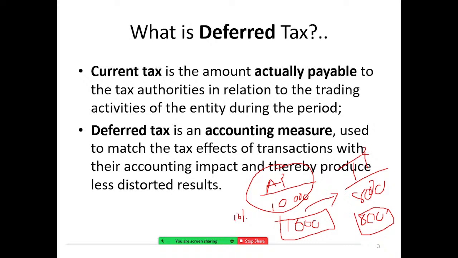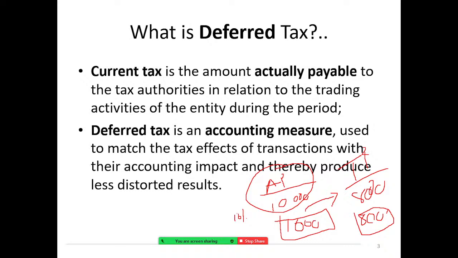Some expenses are allowed to deduct, and some expenses are not allowed to deduct. Capital allowance is also a reason, the most important reason.